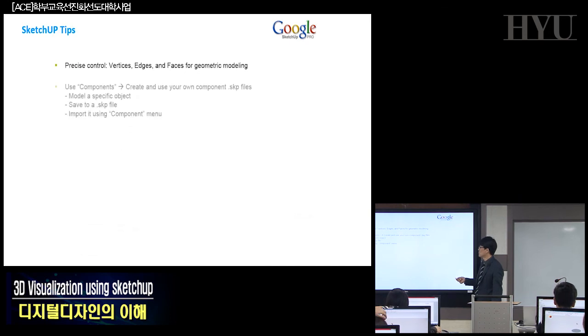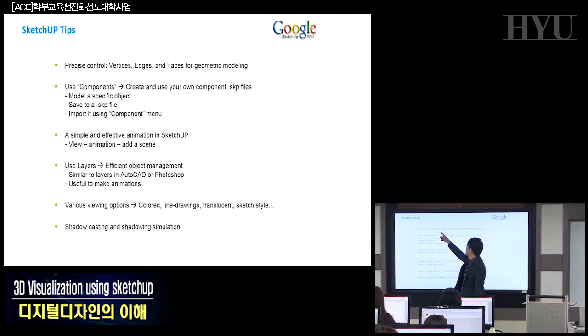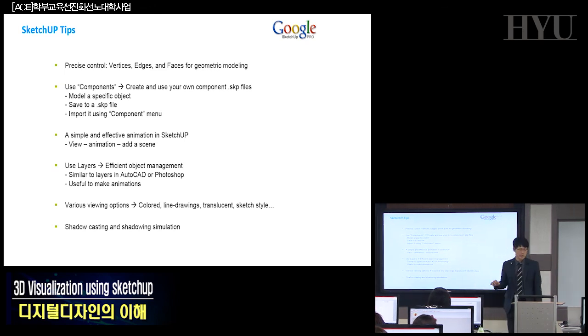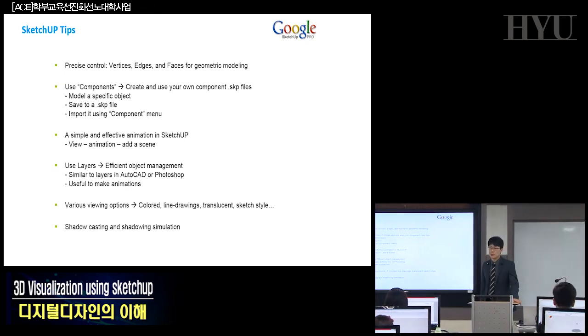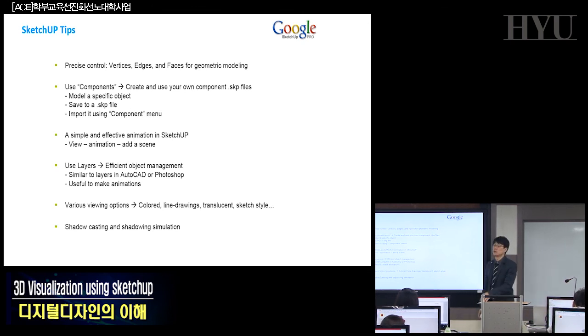Actually, some more tips for precision drawing. We can use some vertices, edges, and faces for geometric modeling, moving it, rotating it, scaling it, and so on. We're going to deal with this part too in lab exercise hours. We can make our components named components so that you can reuse them.